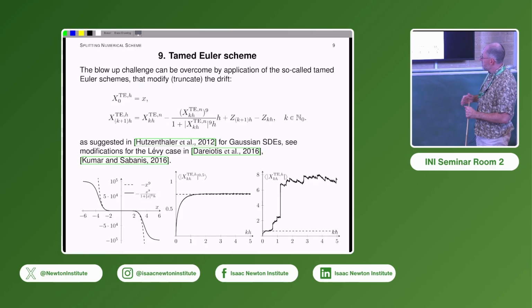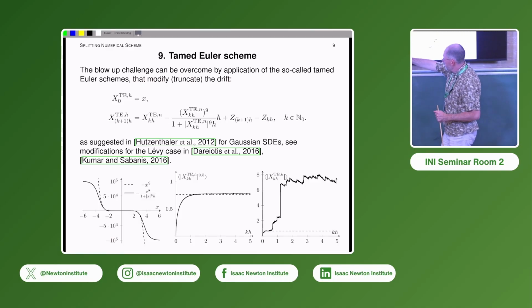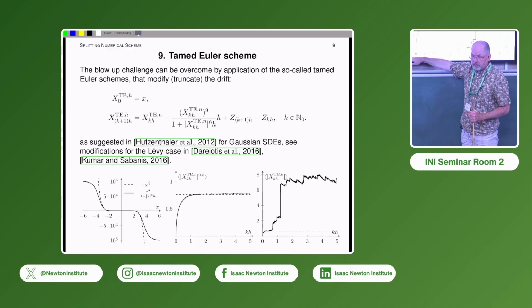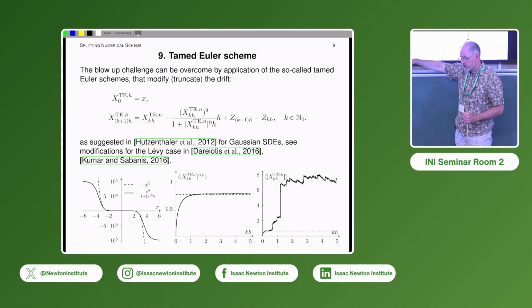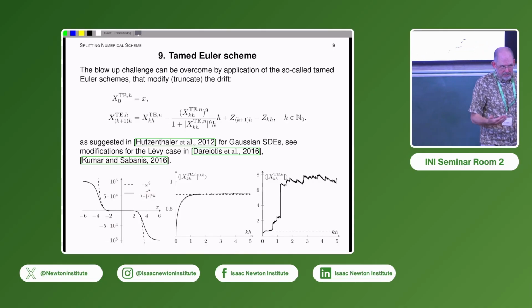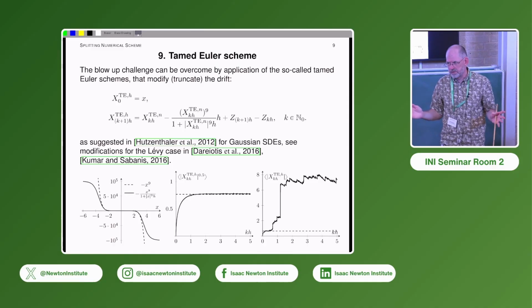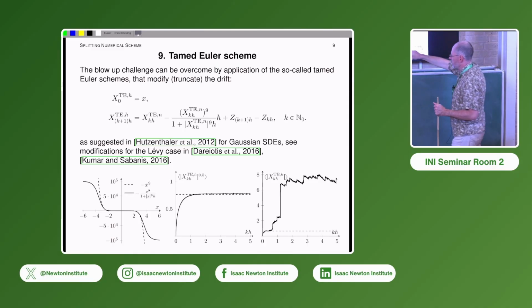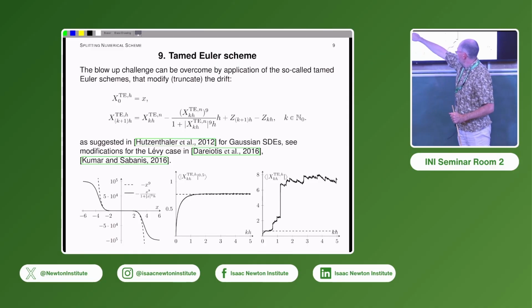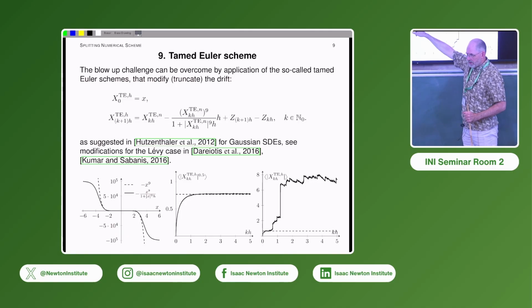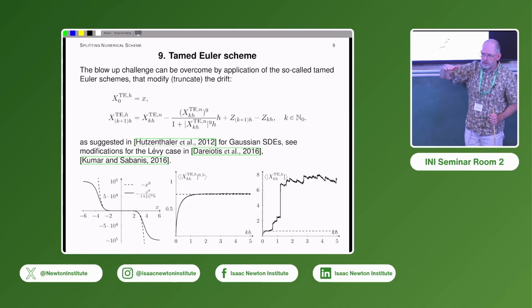In the Lévy case, what you see immediately is that if you make the drift bounded, you kill the dissipativity. So you have no explosion, but dissipativity is lost. And this is what you observe here. This is the moment of order 1/2. This is below the integrability order of the Cauchy noise.